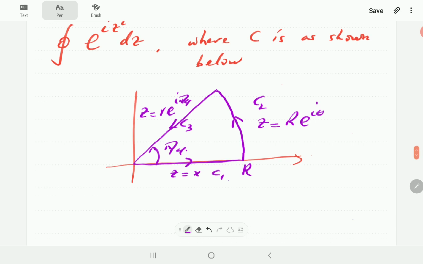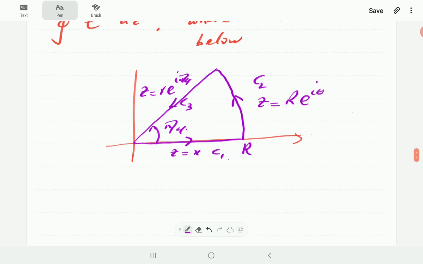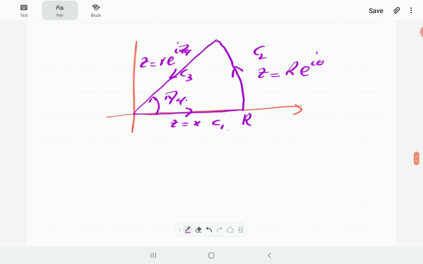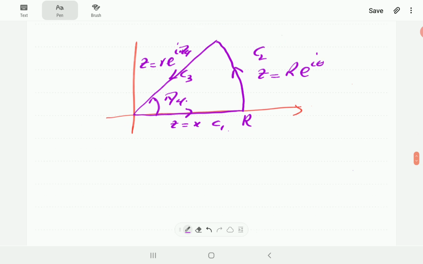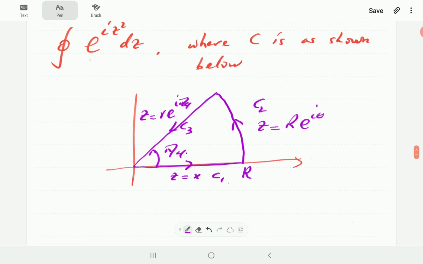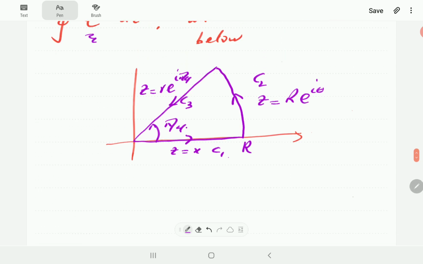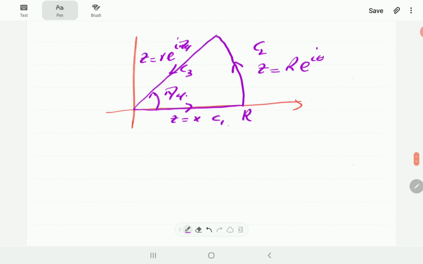Now by Cauchy's theorem, since this function is analytic, the integral of this along this contour C is going to be 0.